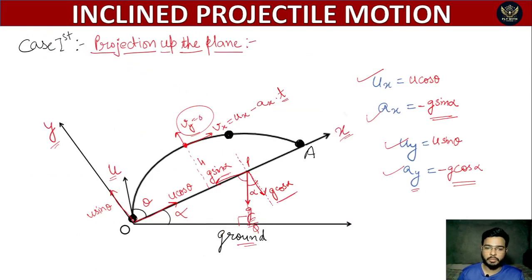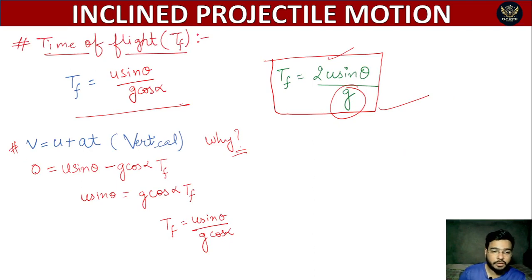Because for the complete journey from O to A, the time required for the body from O to A is equal to the time of flight, tf. When the body reaches point A, vy is equal to 0.